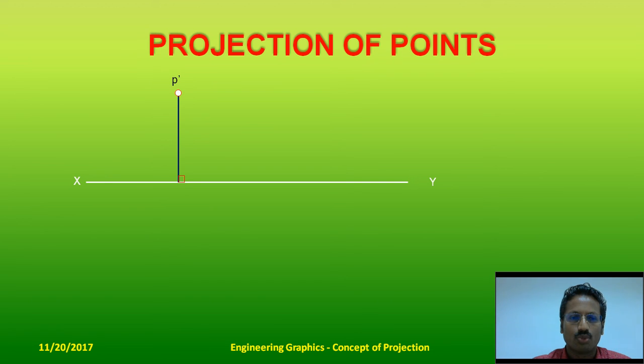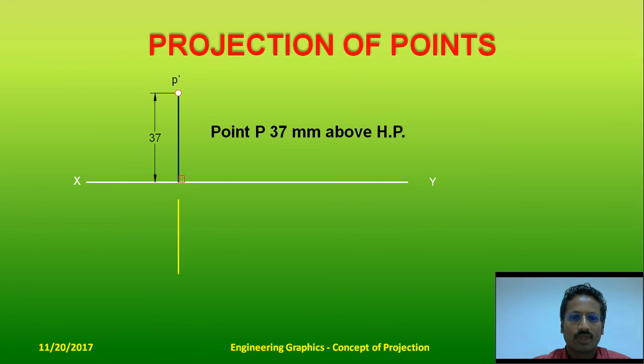It's going to be a small lowercase letter with a dash or prime notation, which marks the front view of an object. Mark the height of the point above the HP. So the point P is 37 mm above HP, and extend the projector and mark the point in front of VP. Label that as point P and mark that height.